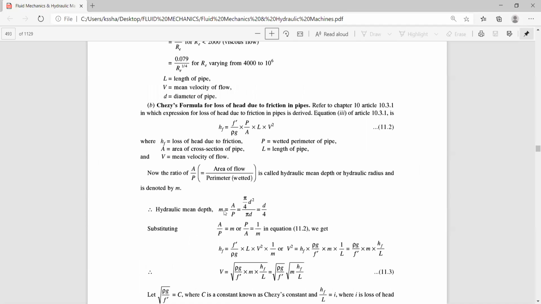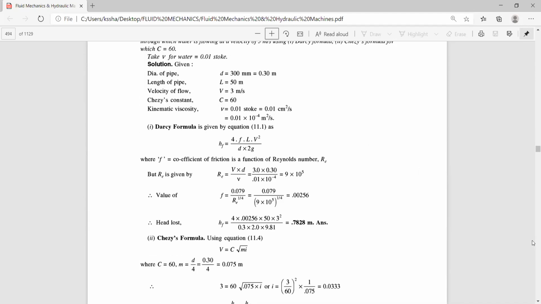Here, m is equal to area by perimeter. Area is pi D square by 4. Perimeter is pi into D. So this pi D gets cancelled. So D by 4 will be the value for m. You have to remember, m is equal to diameter divided by 4. Diameter is given as 0.3 divided by 4. So it comes out to be 0.075 meter.